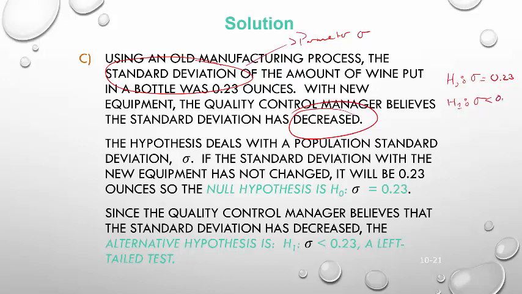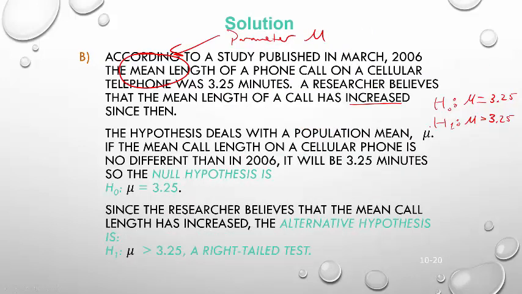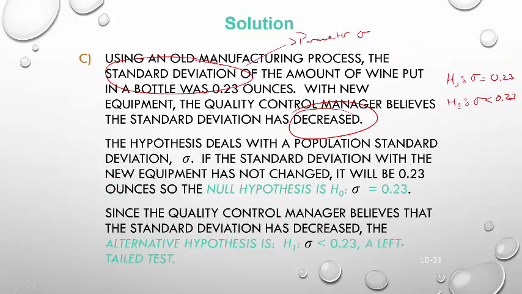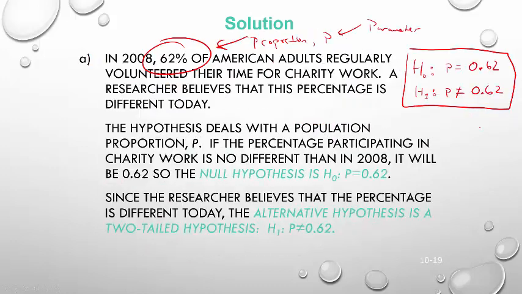And then the alternative is to say, wait a second, no way, it's definitely gone down. It's definitely decreased. Notice in all these examples, the two values in the null and alternative are the same, and the null is always a statement of equality. And then we look to say, no way, the value is decreased, or increased, or changed.